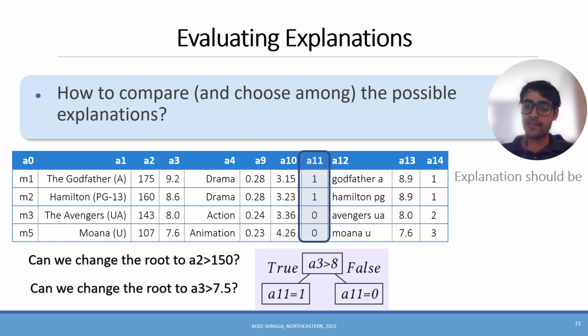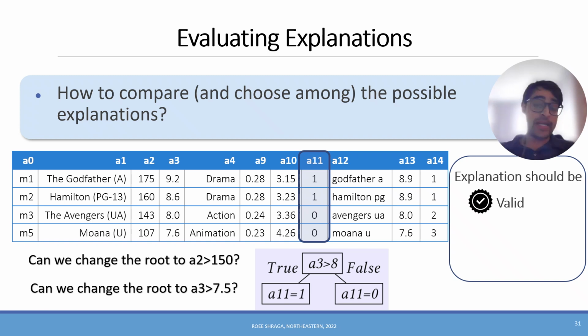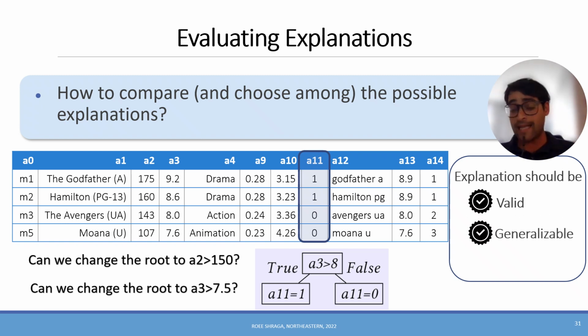Taking advantage of that, we want explanations to be valid. So basically, when we apply this transformation, we get the new column that we wanted, as we mentioned before. So the second example that I showed here is not valid, while the first one is valid. We want our explanations to be generalizable.